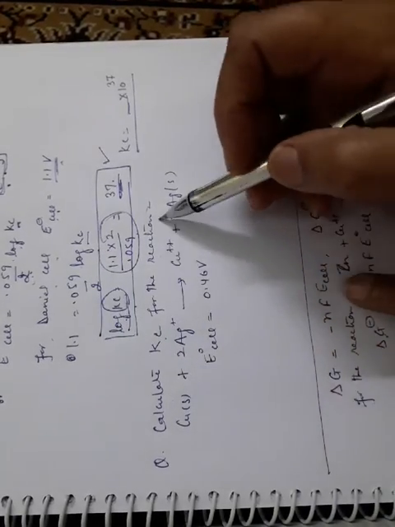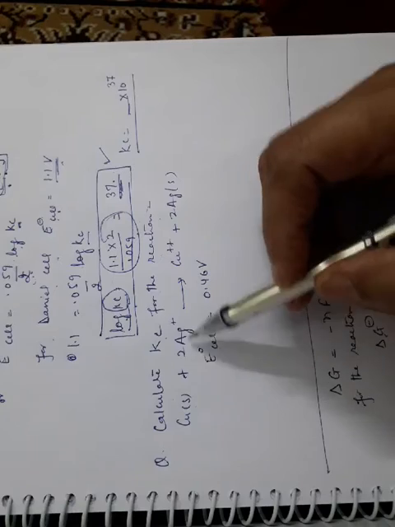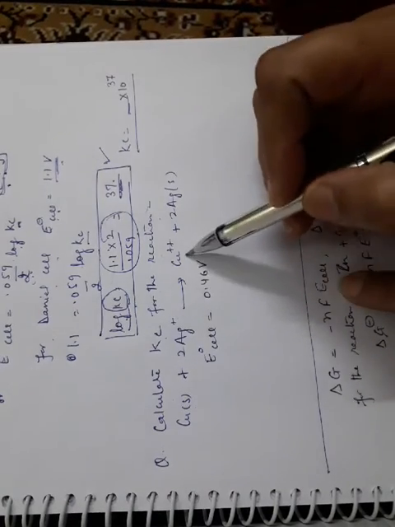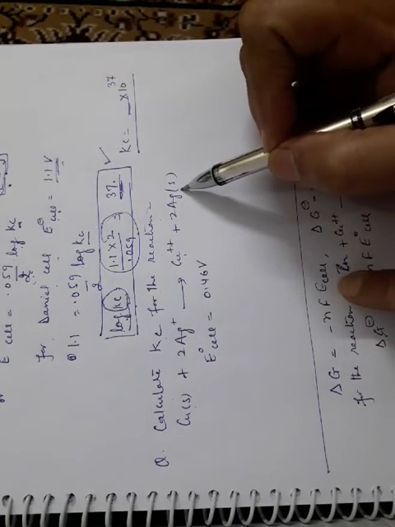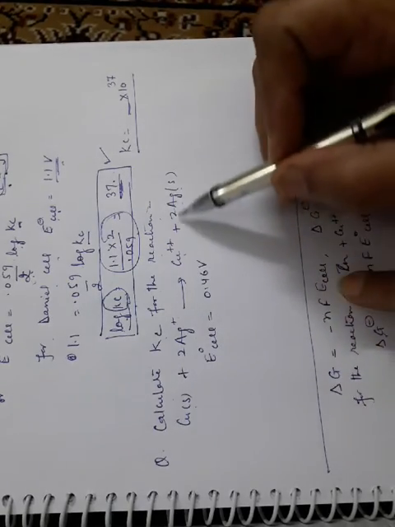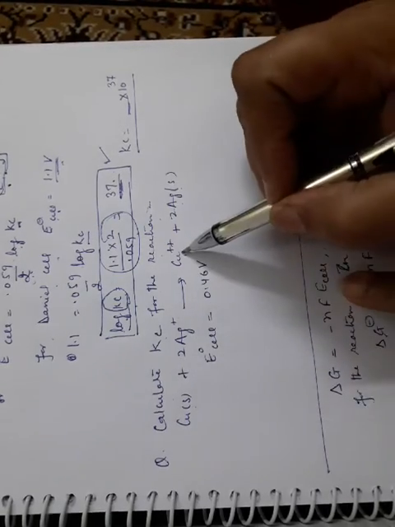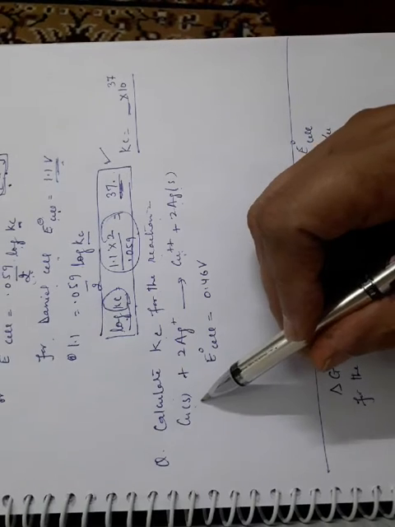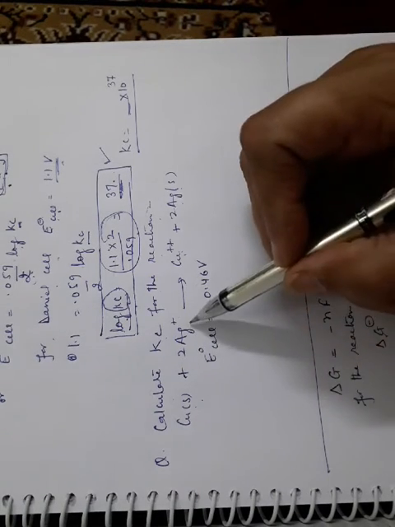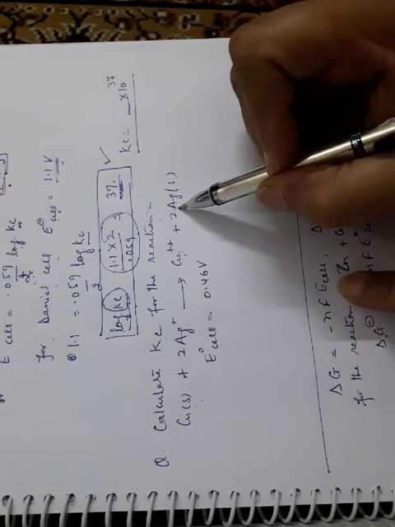We'll take one more question of this type. Calculate Kc for the reaction copper solid plus 2 Ag plus giving copper ions plus 2 Ag solid. We can make out from the reaction itself that copper is getting oxidized, so copper is behaving as the anode. Silver is getting reduced, so silver is behaving as the cathode.